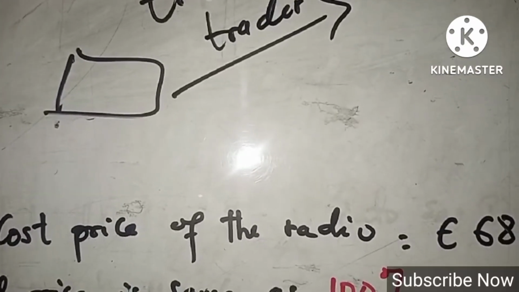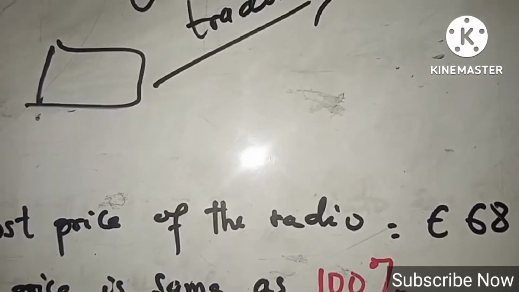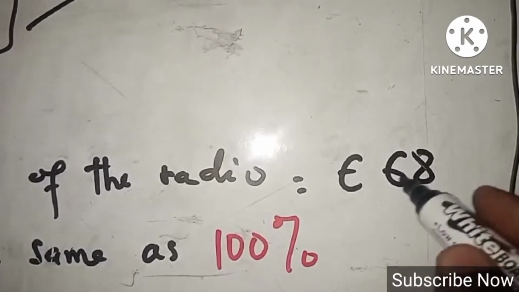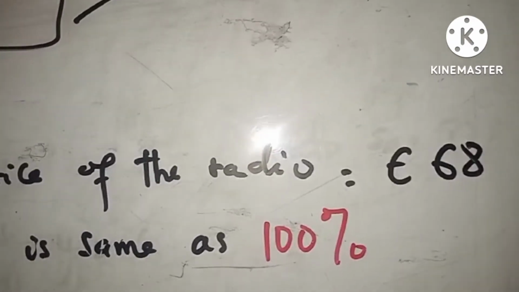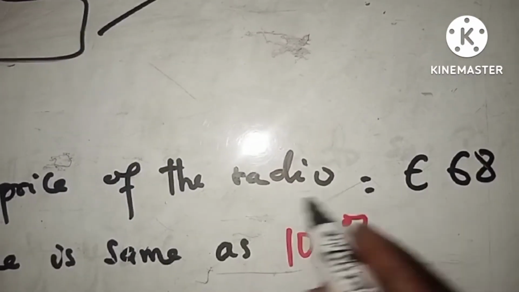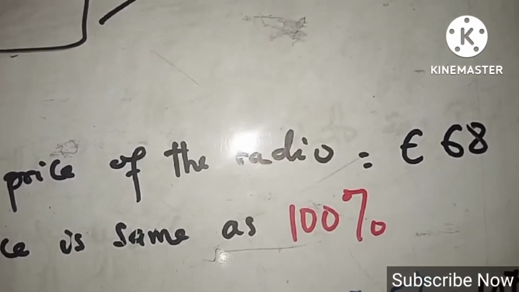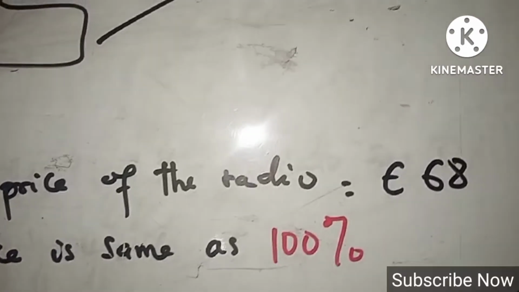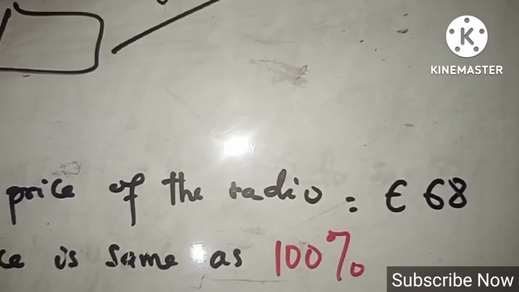So it says a trader bought a radio for 68 euros, right? So let's say this is just 68 euros. That's the cost of the radio. Now it says he sold it at a profit of 7.5%.